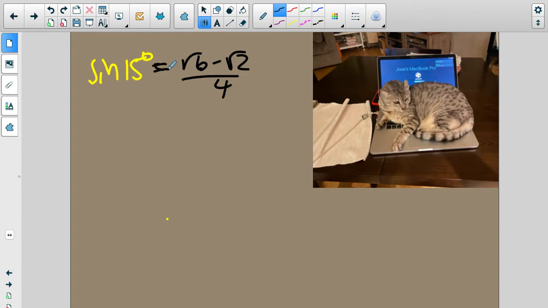Is that what you got? Yes. All right, and you don't have to memorize that. I just have done this a long time, okay? Cosine of 15, I had already done for you, so just look up. It's not number 2, but it was my example. And I got square root of 6 plus square root of 2 over 4.